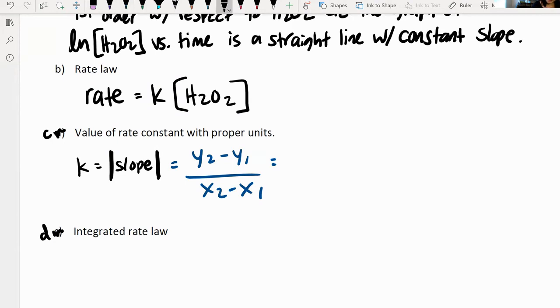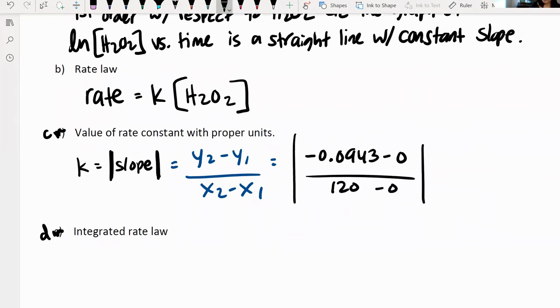Okay, so for my calculation, we're going to get negative 0.0943 minus 0 over 120 minus 0. Remembering, we are taking the absolute value of our answers.